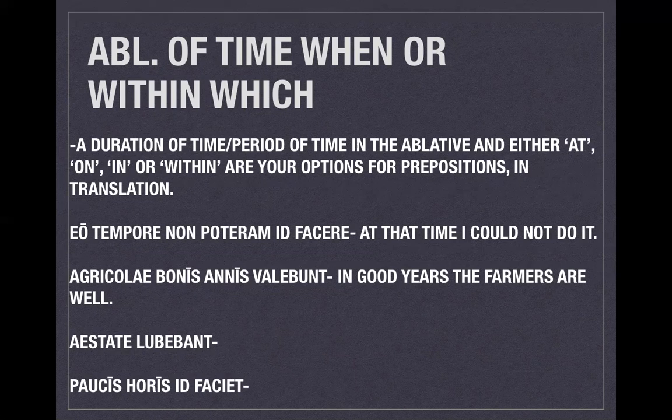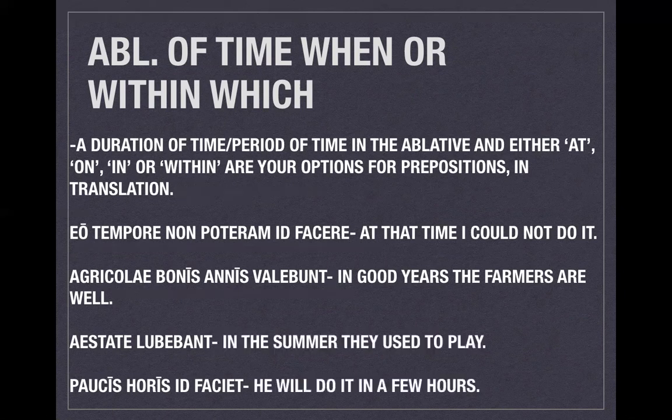Valebunt will be well. Actually, that's future. Whoops. So yeah, in works there. You just kind of have to try one of them out, but that's something you would need to take notes on. Aestate ludebant. We don't have that verb. They were playing in the summer, in aestate. Paucis horis. We don't say on a few hours. We say in a few hours.